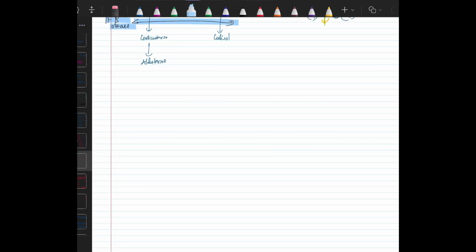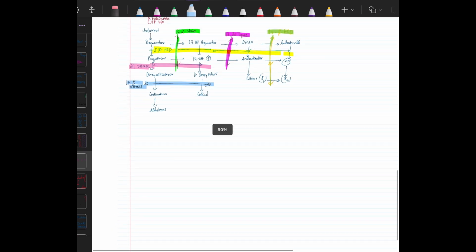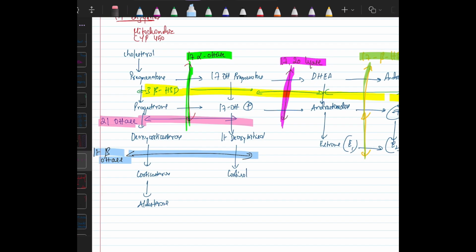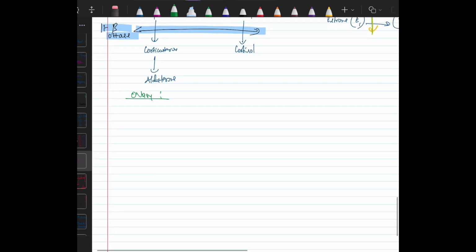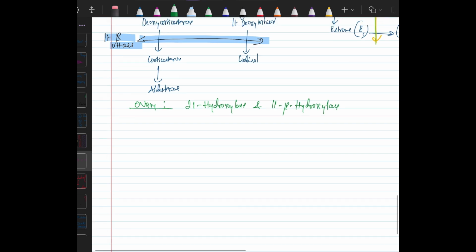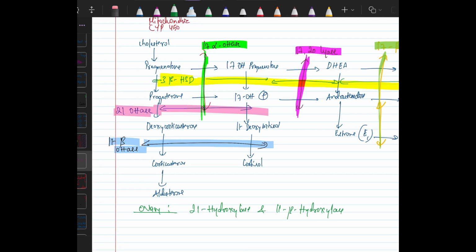So I have shown you the pathway. See, these enzymes, whatever I have shown you, are not present in all tissues. So depending upon their availability in the tissue, the hormones are produced accordingly. For example, does the ovary have all the enzymes? No, it is deficient in 21 hydroxylase and 11 beta hydroxylase.